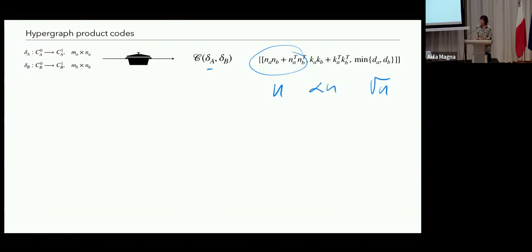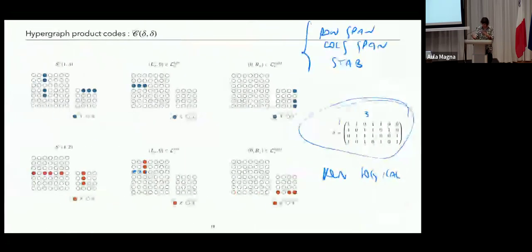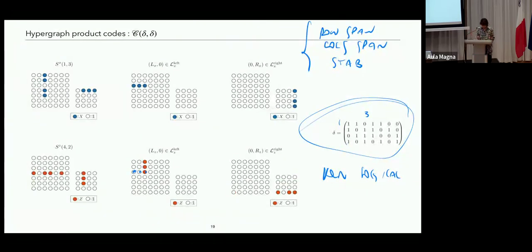So this is what I can do with hypergraph product codes, and it's easy to see, at least for the scaling, that this is the case if I take as input a good classical code. The fact that the distance is at most square root of n, we can see as in the case of the planar code, because I'm giving you a basis of the logical operators that gives me a bound on the distance.